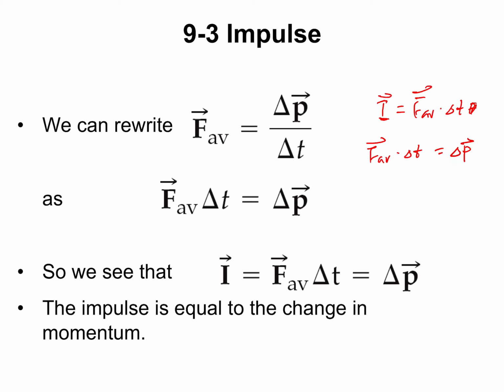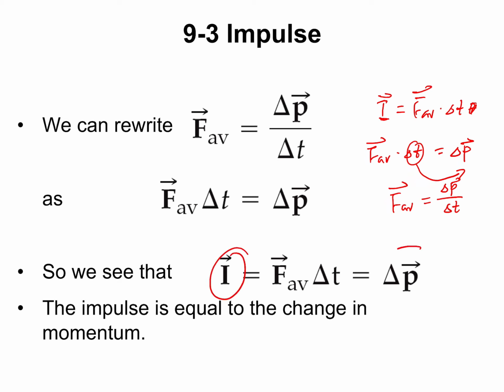Okay, so that's what we learned before. Because if you divide by this to this side, that is average force. Average force also equals changing momentum over change in time.